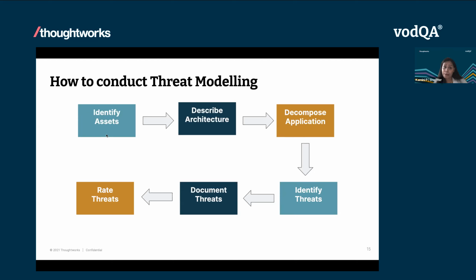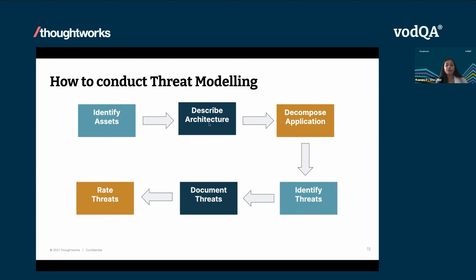Now, we know the application, the asset, we'll describe the architecture of the application, because it can happen that there are multiple components used in building that particular application. While describing the architecture, it will help us identify all those components.